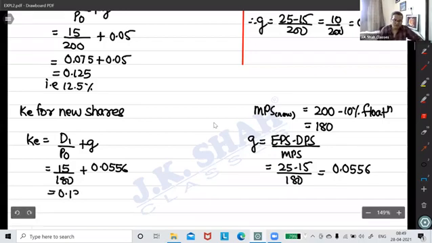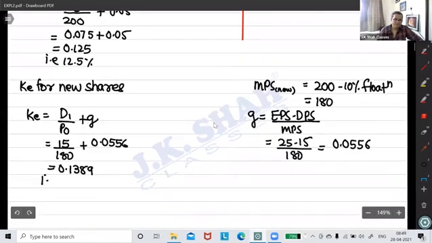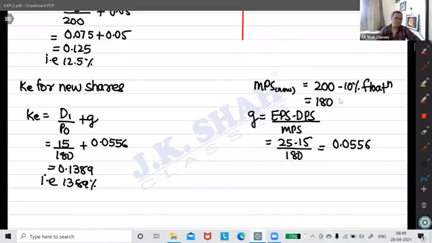We get 0.1389, that is 13.89%. Please round up to 2 digits, guys.